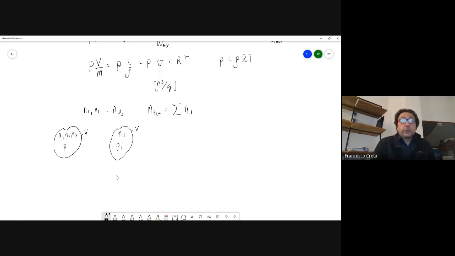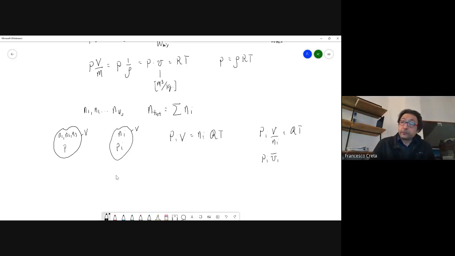So using the equation of state, Pi V is equal to Ni R T. In fact, if you divide by Ni, this we call the molar volume, Vi.